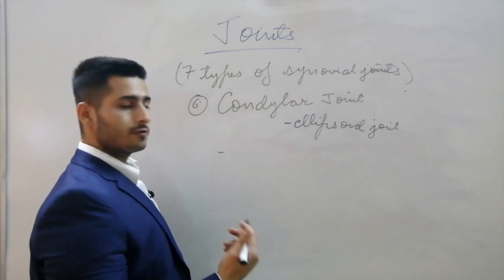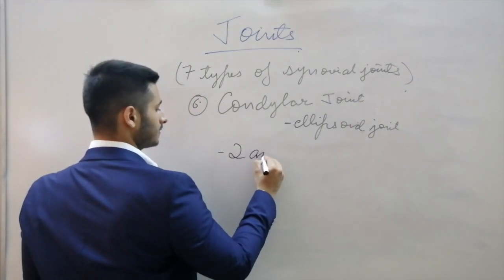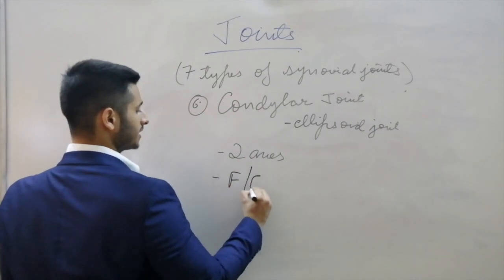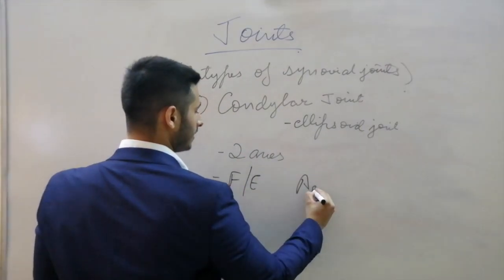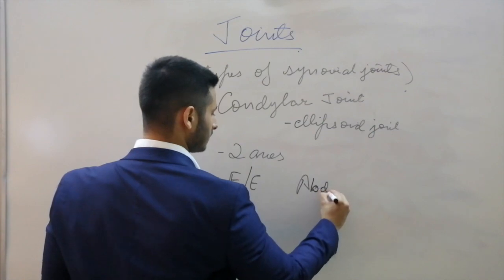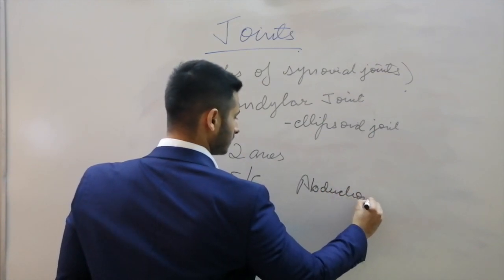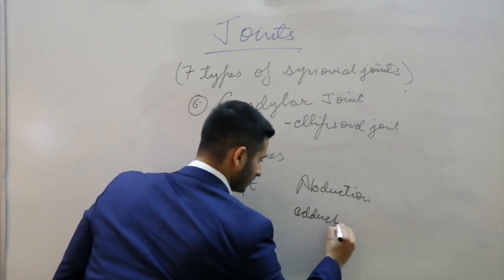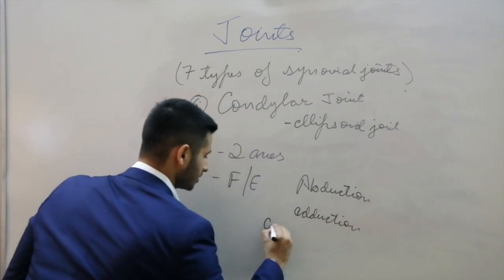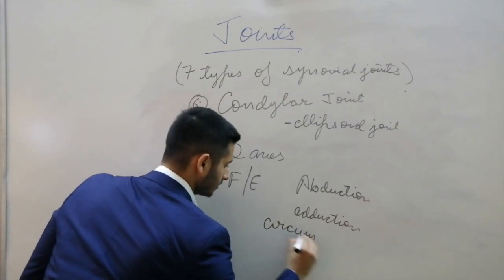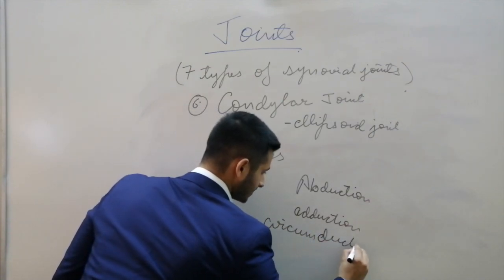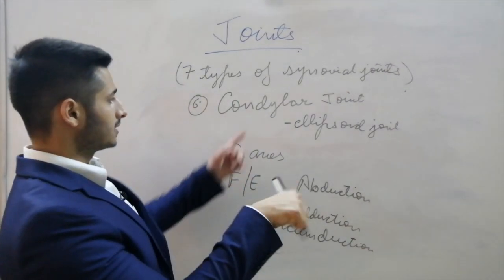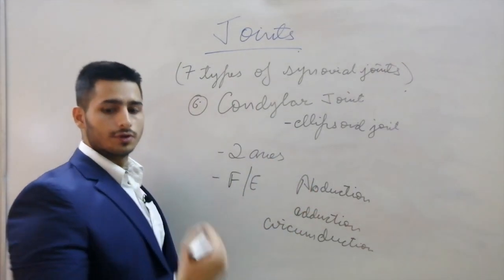The ellipsoid joint permits movement around two axes, and the movements are flexion, extension, abduction, adduction, and circumduction. A perfect example of this joint is the wrist joint. The wrist joint is a perfect example of a condylar or ellipsoid joint.